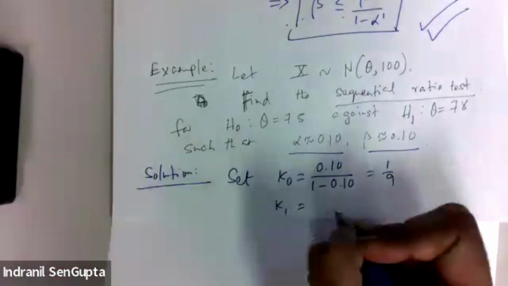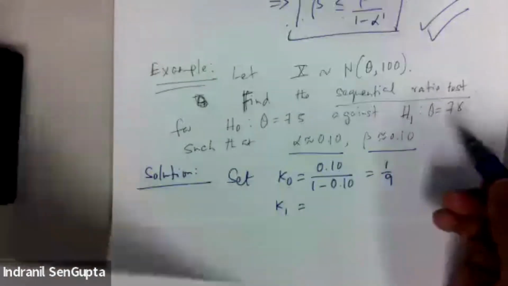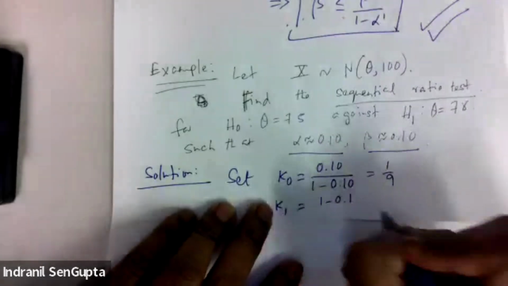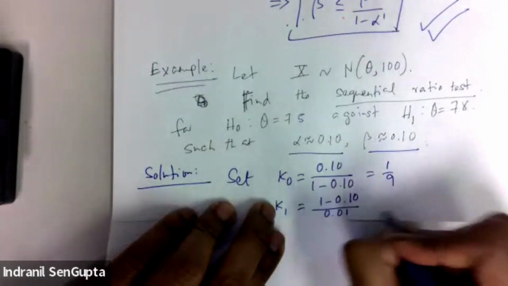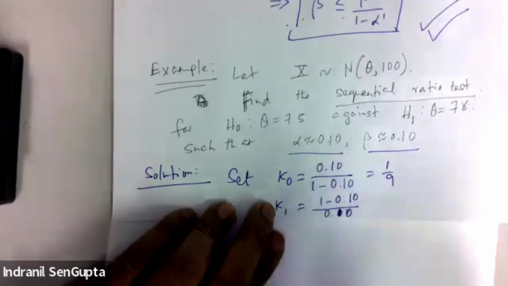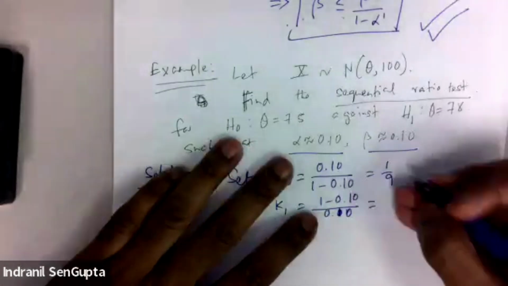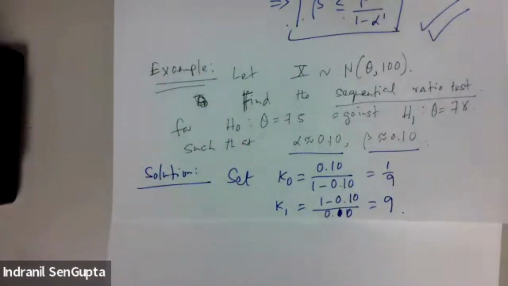And set K1 to be 1 minus alpha over beta. So that means 1 minus 0.1 over 0.1, which is 0.9 over 0.1, which is 9. So these are K0 and K1.